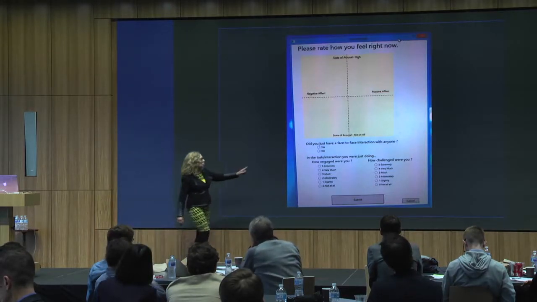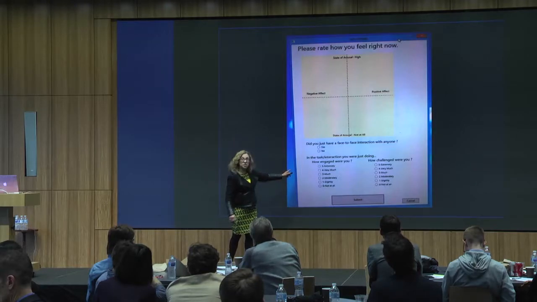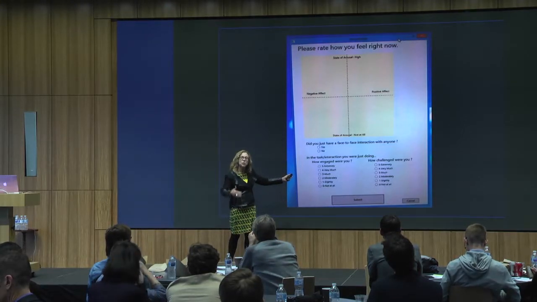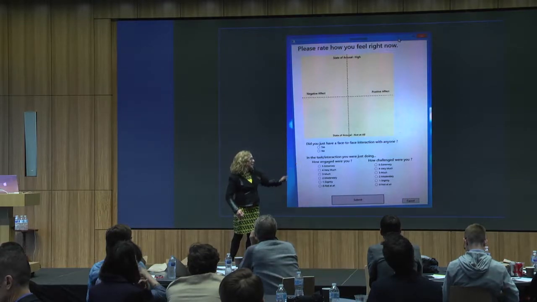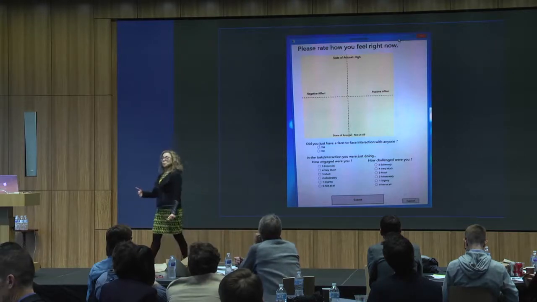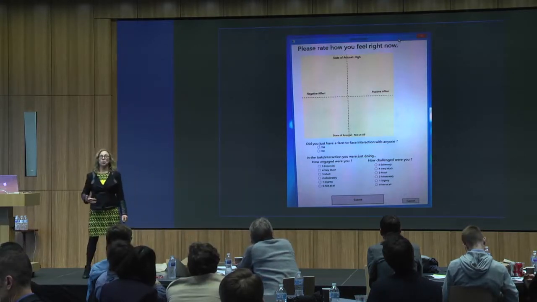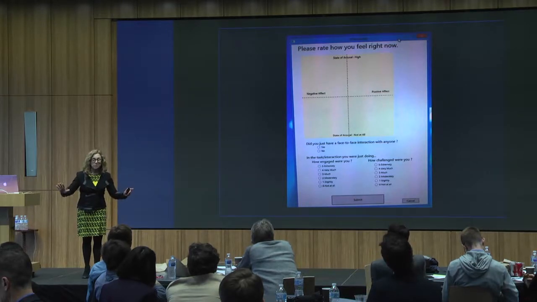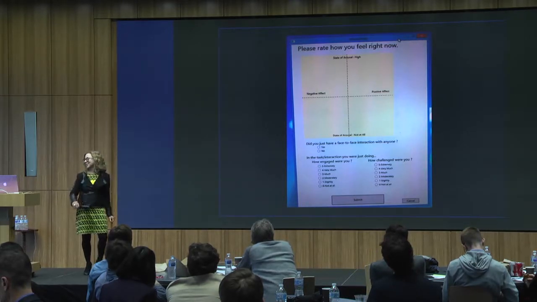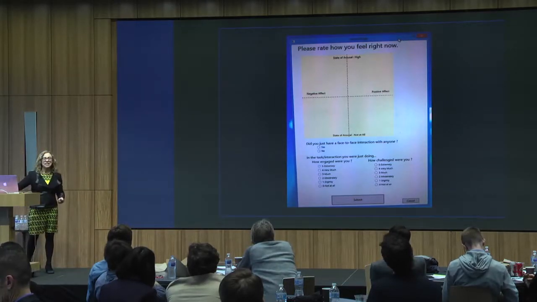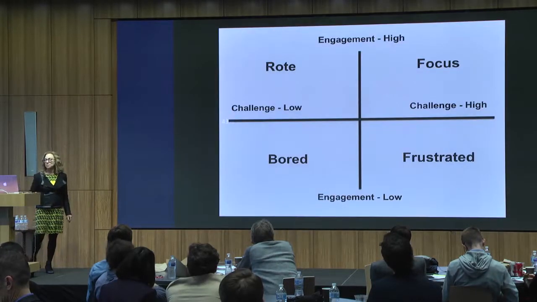But the questions that we're going to talk about next are people were asked, how engaged were you in the thing you were just doing, and how challenged were you in the thing you were just doing? People received these probes 18 times a day, and the irony is not lost on me that we're interrupting people this often. But it was great data, and it took them maybe 5 seconds to answer this.